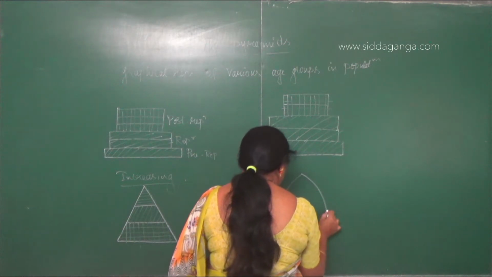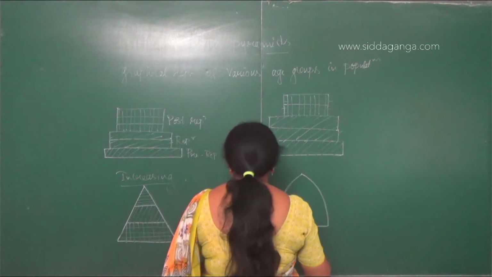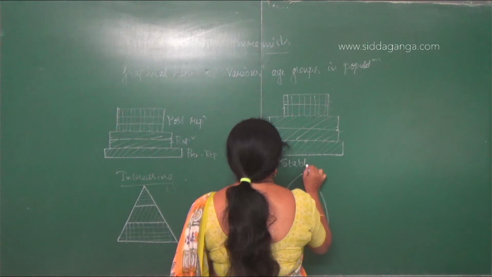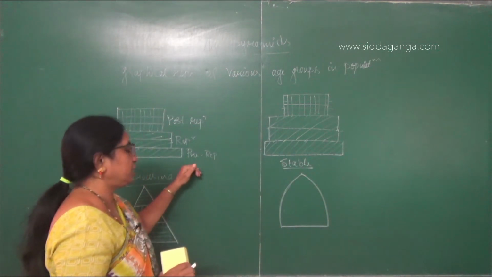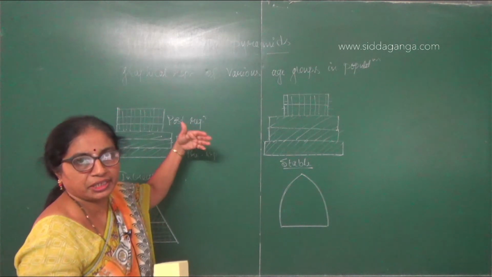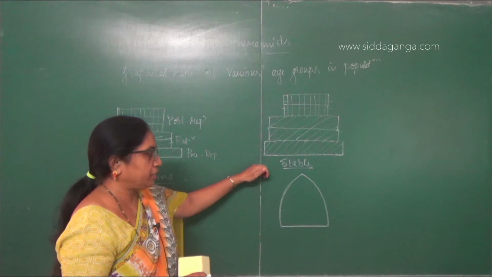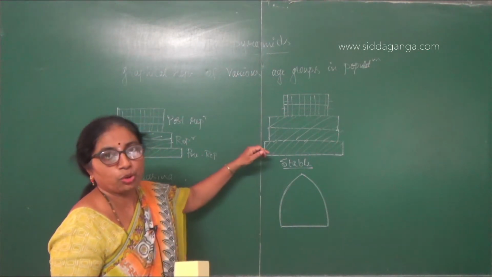It is of the bell shape. So the bell shape of age pyramid is seen, which shows that the population is stable in the future years. Here we can see that the population goes on increasing in the future years, whereas this age pyramid tells that in the future the population size is going to be stable.